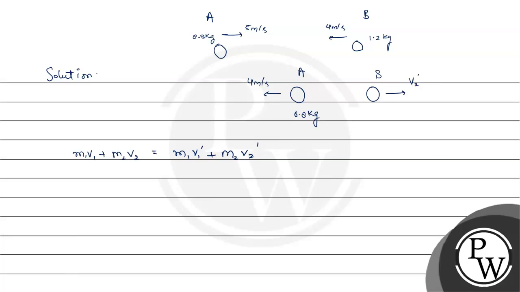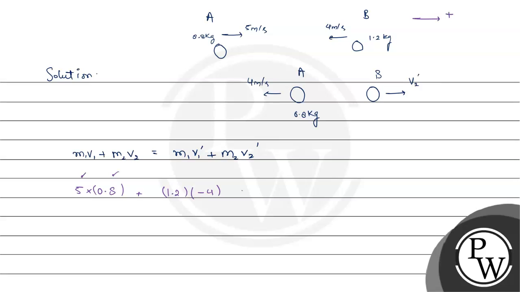Let us put in the values. m1 is 0.8 and v1 is 5 meter per second, plus m2 is 1.2 kg, and v2 in this case is minus 4, because we are taking this direction as positive.